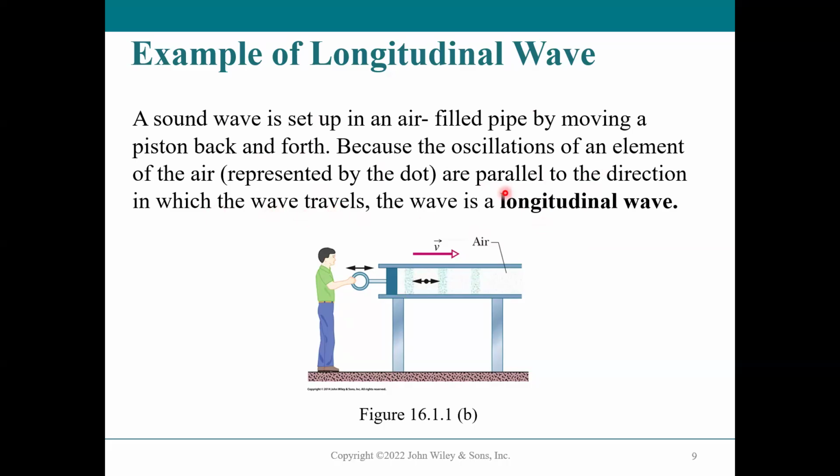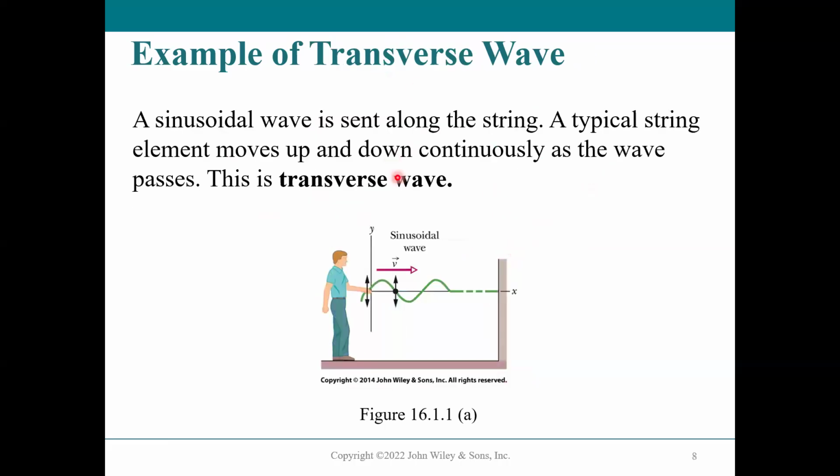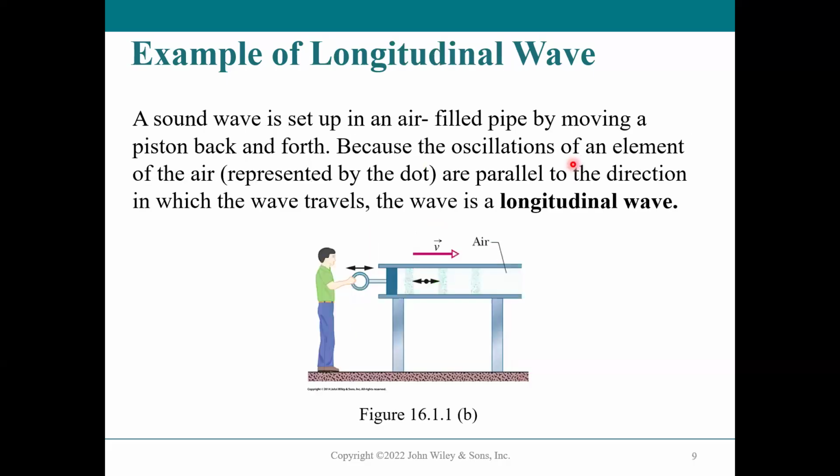So this is a type of longitudinal wave. But for a transverse wave, this is not parallel, right? But this one is parallel, the direction of the wave and the displacement of the wave. So this kind of wave is called longitudinal waves, for example, like sound and spring waves.